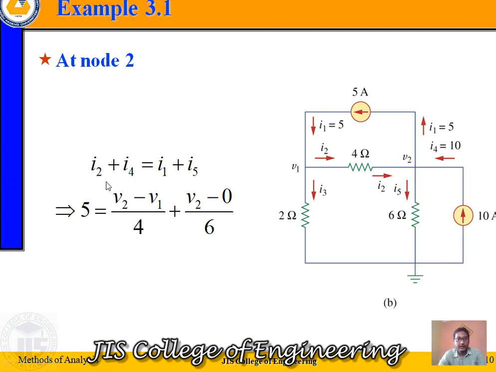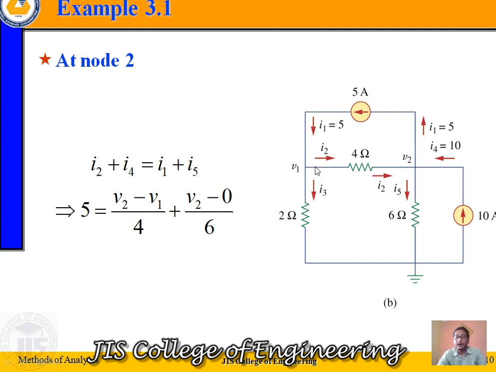No problem at all. We are considering I2 on the right side, so there will be a minus sign. That means minus I2 will be on the right side. I2 means V1 minus V2 by 4, and as I2 is shifted from the left side to the right side, it becomes minus of I2.